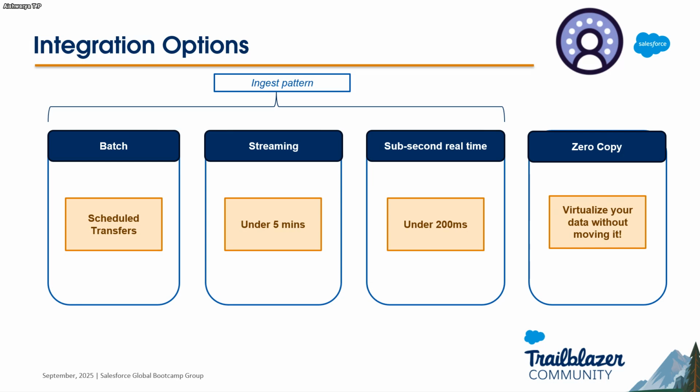We are not actually bringing the data into Data Cloud, so ingestion does not happen in zero copy. That's why the curly bracket is added only to batch, streaming, and sub-second real time, not to zero copy. Zero copy is not an ingestion pattern, because I'm not ingesting any data into Data Cloud. I'll just have the metadata of it available.